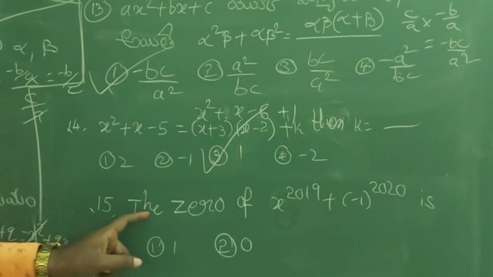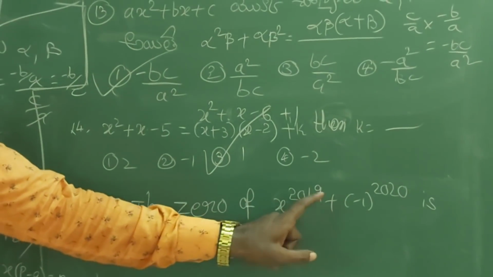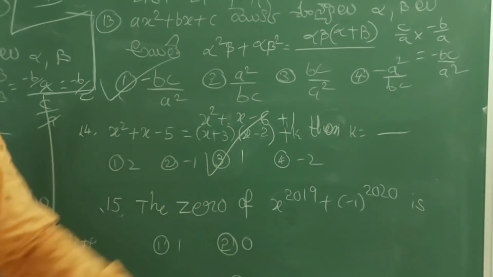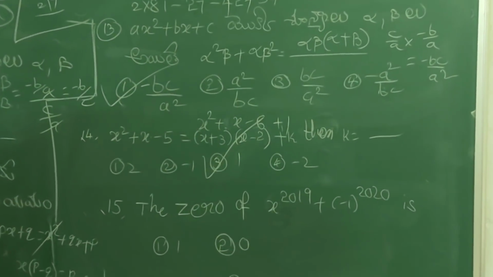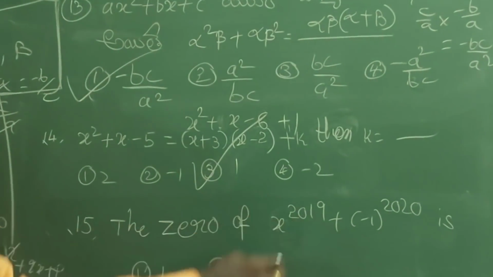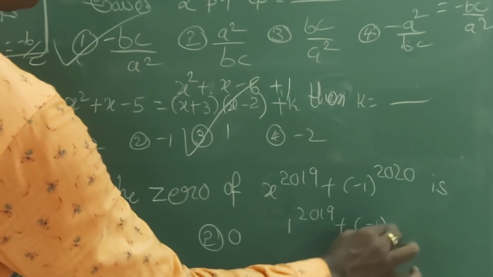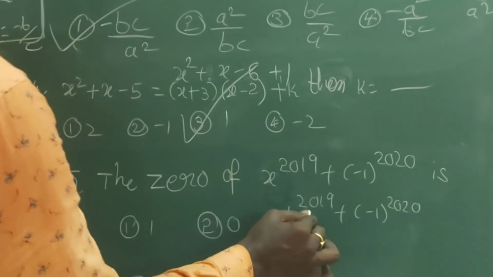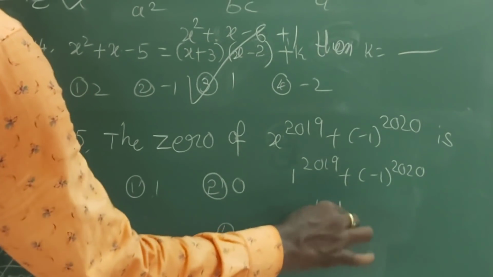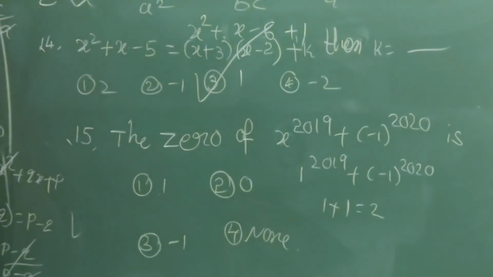Next, the zero of x to the power of 2019 plus (x plus 1) all to the power of 2020 is. So now substitute here. Then 1 power 2019 plus (1 plus 1) all to the power 2020. 1 power anything is 1, here also 1, 1 plus 1 is 2. So that's not a solution.